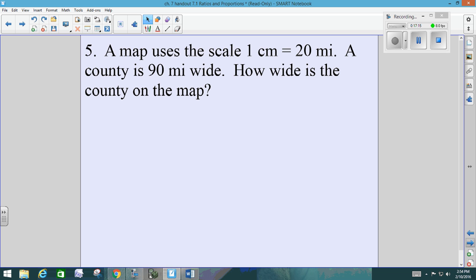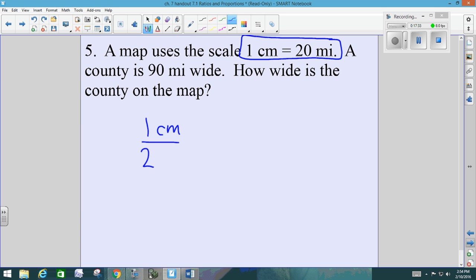Trevor, do you remember what a proportion is? What is it? It's a ratio set equal. Good, 2 ratios set equal. They give us one ratio, 1 centimeter for 20 miles. That's my starting point. Equals, now I have to come up with another ratio.